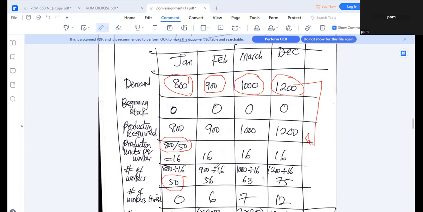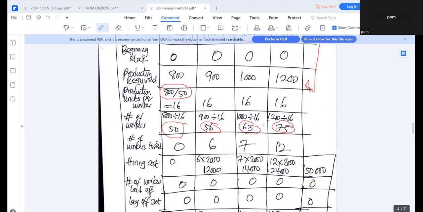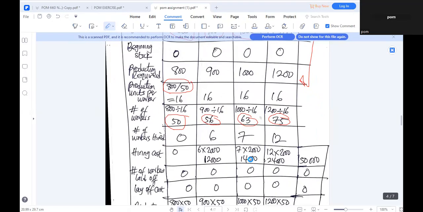We can define the 16 units by the number of units produced in these other months. So here we had 56 workers in February, 63 workers in March, and 75 workers in December. So how many workers were hired in January? We didn't hire any worker in January because that was the starting workforce. We started with 50 workers.